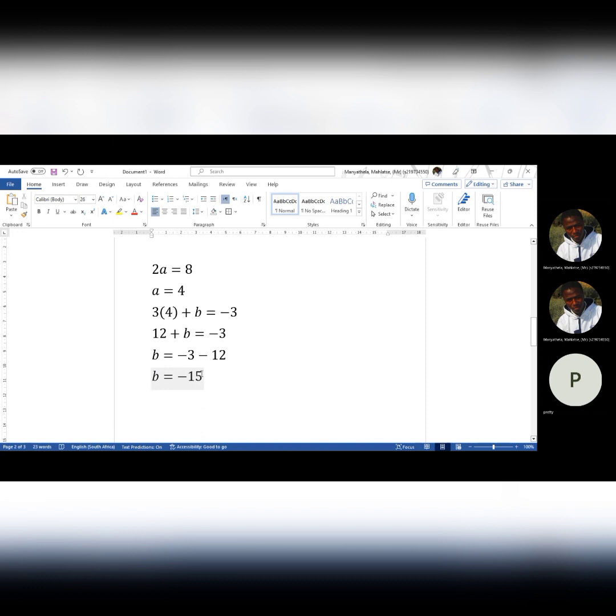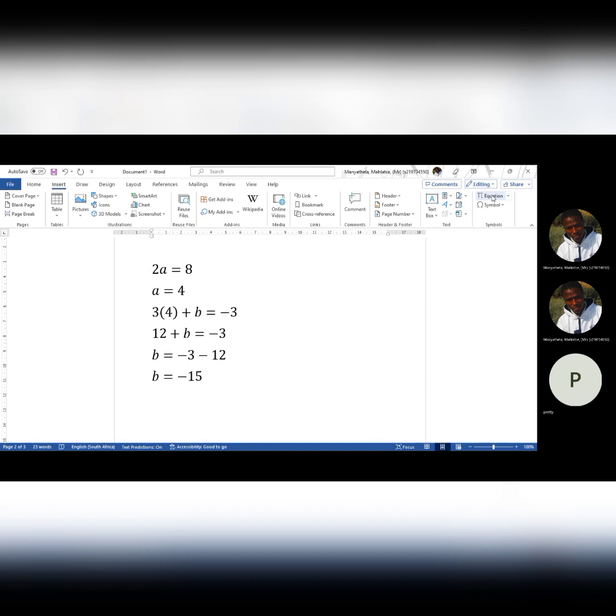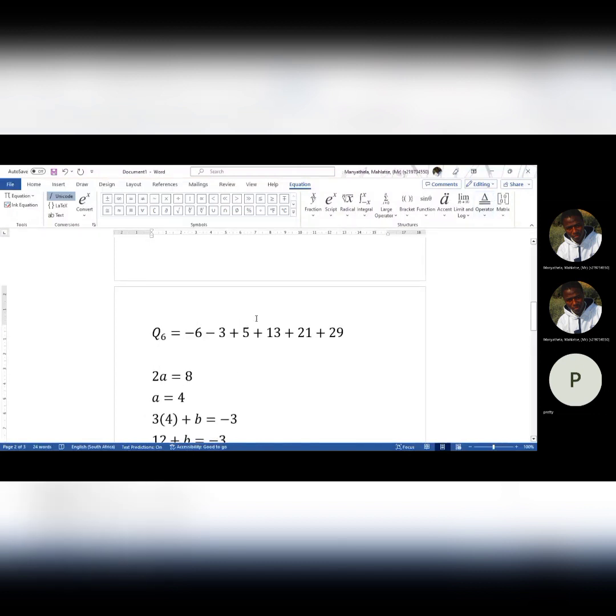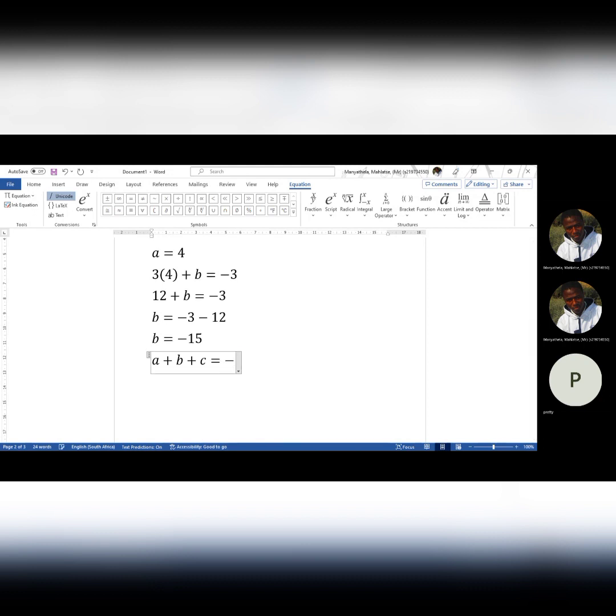Let me insert the formula: a plus b plus c equal to negative 6.